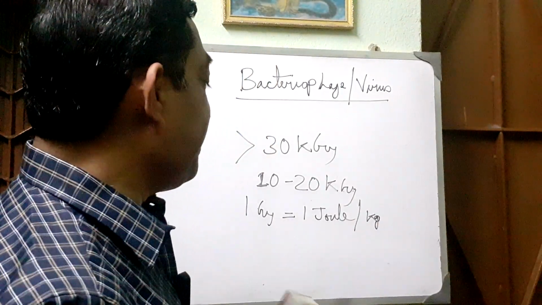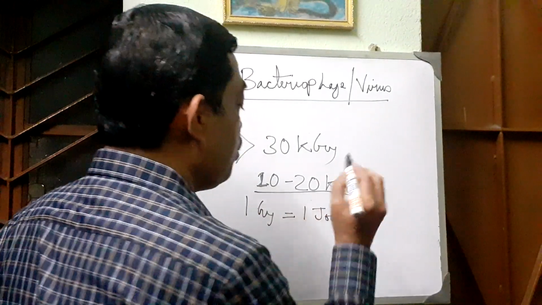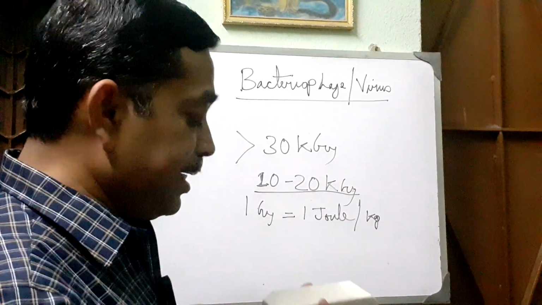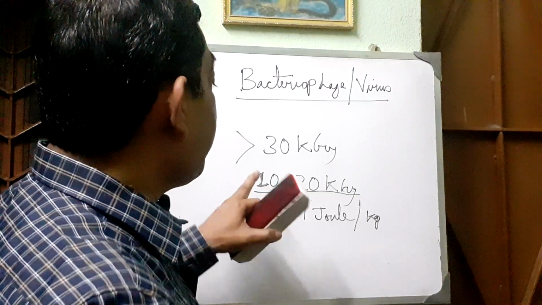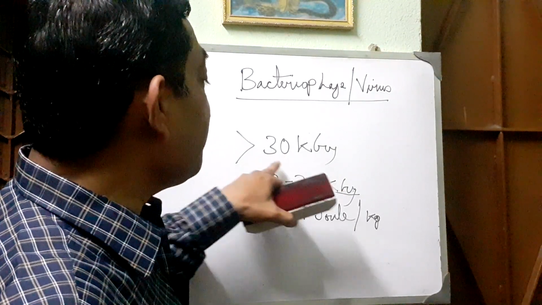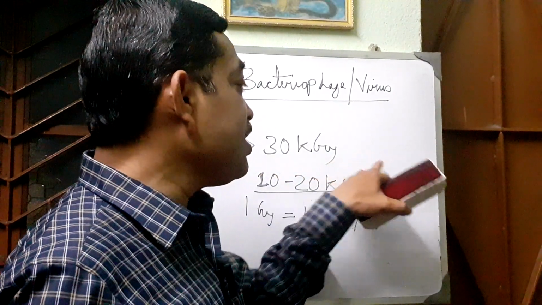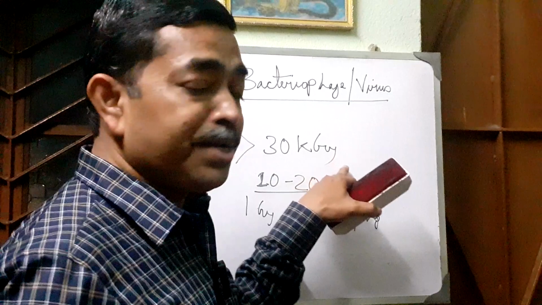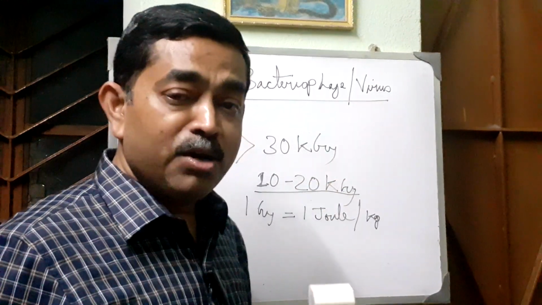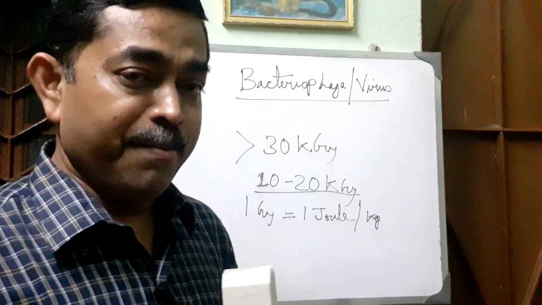This is called 1 gray. Whereas the virus particle needs more than 30 kilogray dose of ionizing radiation to destroy or kill it. So you can imagine how difficult it is to kill or destroy the virus particle.